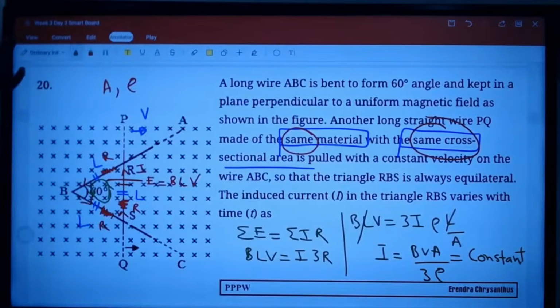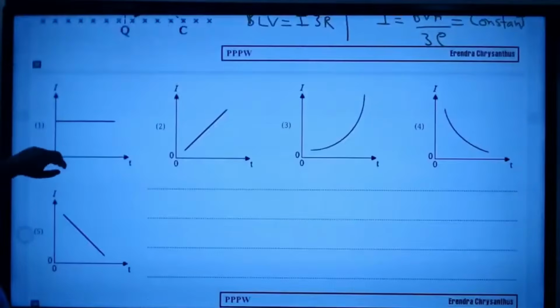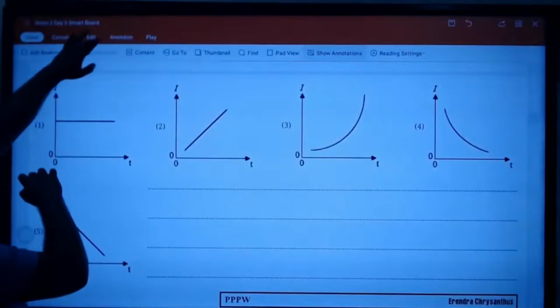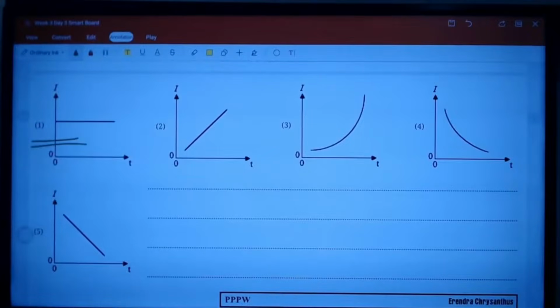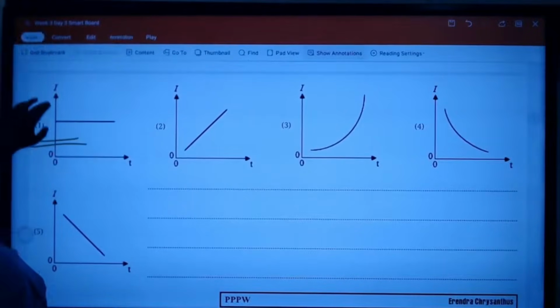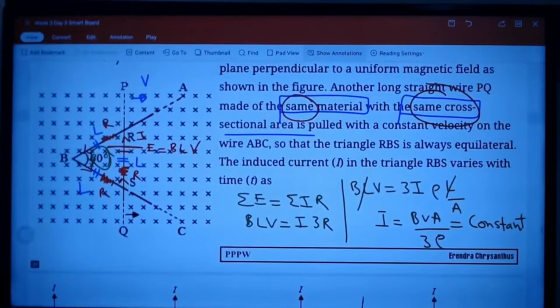Current is always constant, so which option is it? Correct answer, answer number 1. The main idea is very simple here.